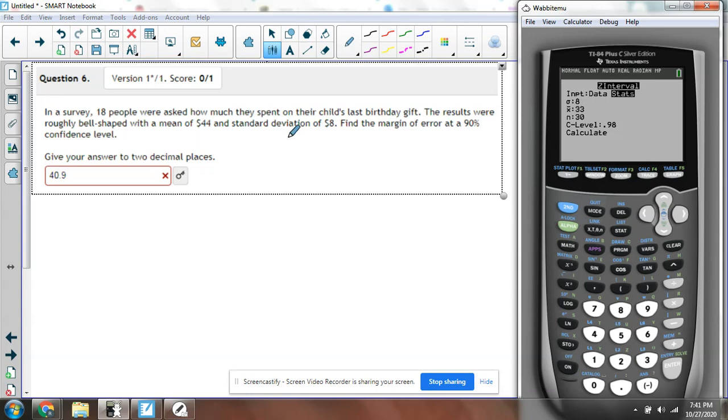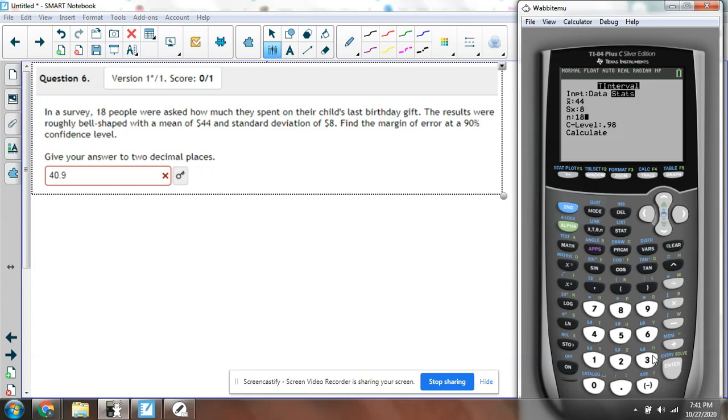Oh, this is based off of the sample, so that's not sigma. So we can't use the z interval. We have to use a t interval because we don't know the population standard deviation. You just know the sample standard deviation. So we have x bar. The average is 44. S of x, the standard deviation of the sample, is 8.